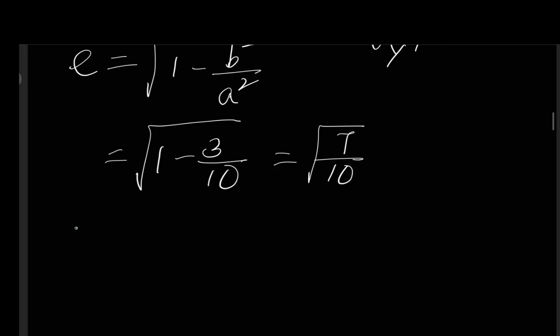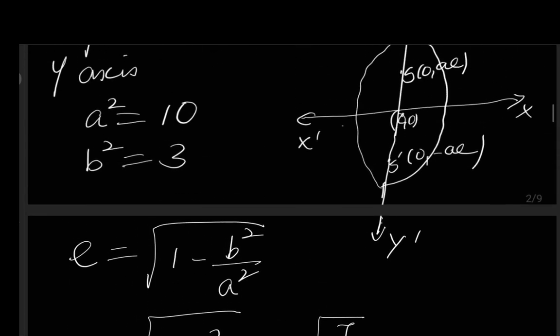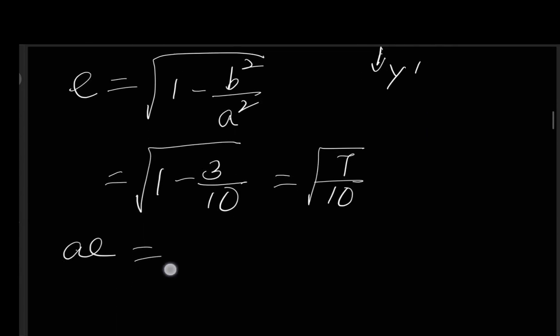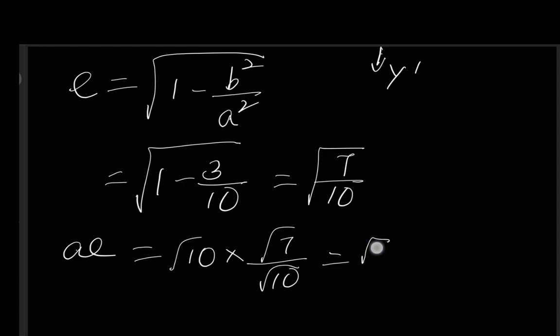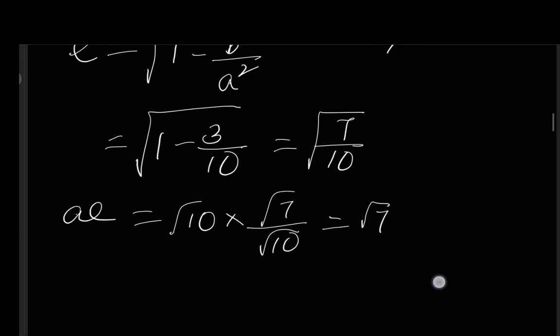So, find AE because foci is AE. A squared is 10, so A is root 10 here. So, root 10 into root 7 by root 10, the E value. So, they cancel, and you will get AE value is root 7.